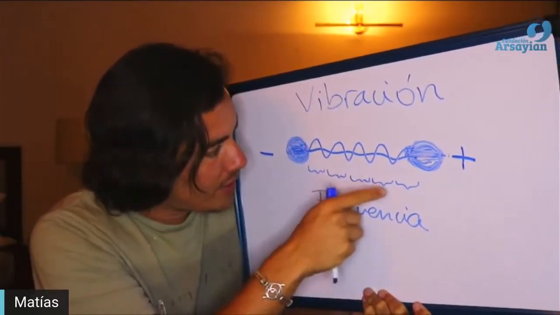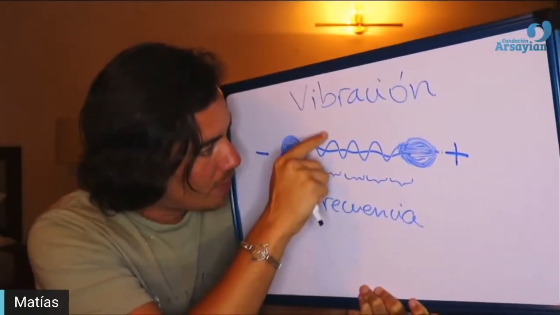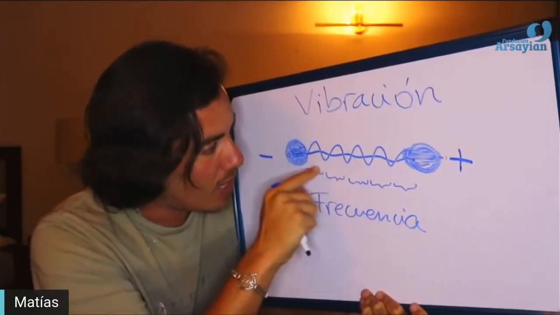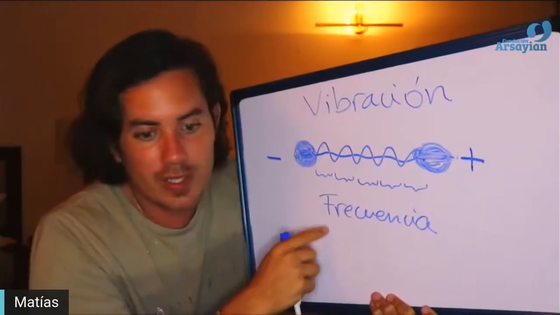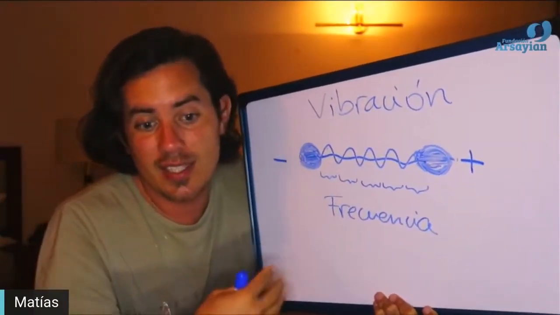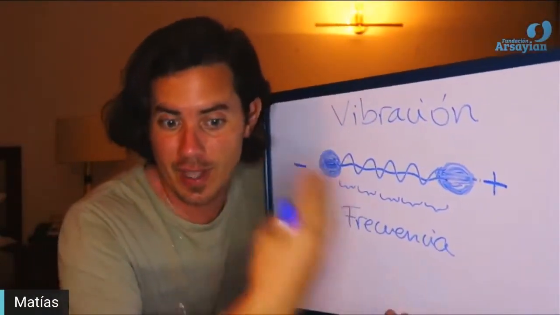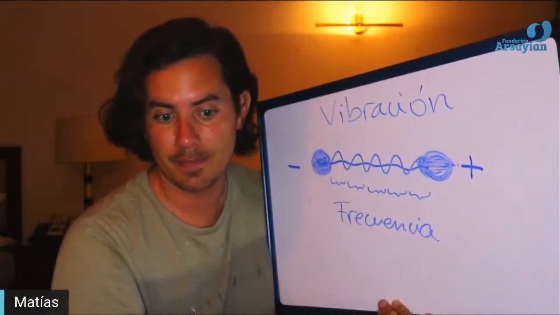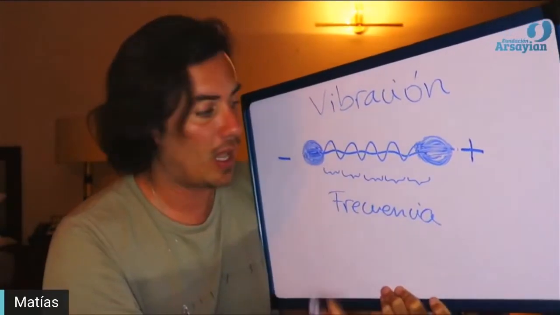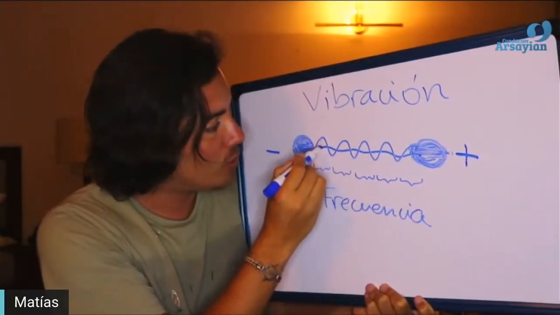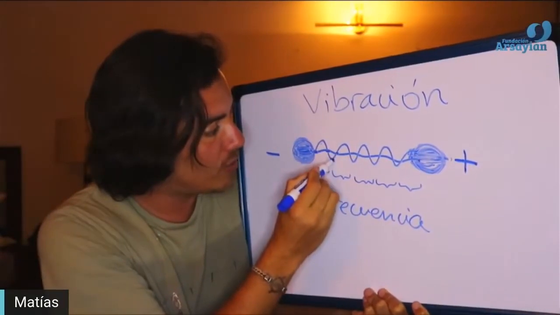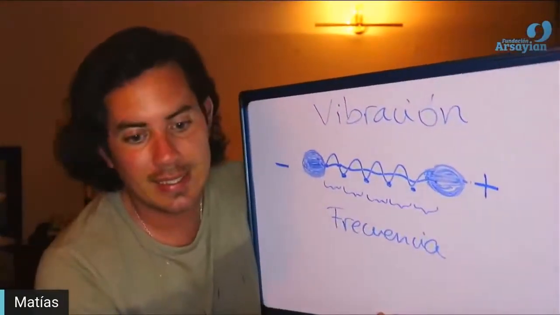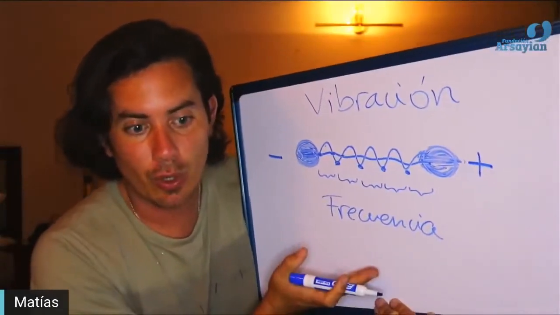And this here, one going up, another one, or the other one going down, down, down, are frequencies. What is a frequency? A frequency is how long it takes to repeat, how long it takes for this point here to repeat here, or this one to repeat again. That's what we call a frequency.